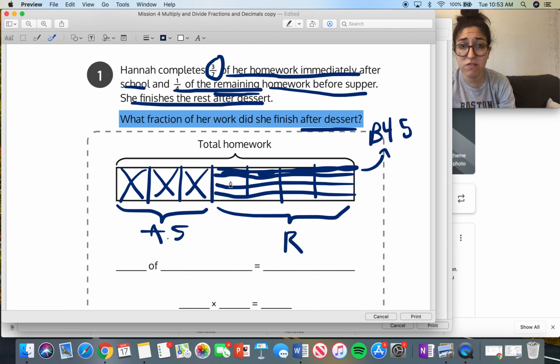So what's the rest? Well, it's 1, 2, 3, 1, 2, 3, 4, 5, 6, 7, 8, 9, 10, 11, 12. 12 out of, I need to continue my fourths all the way across the original amount of homework she had.